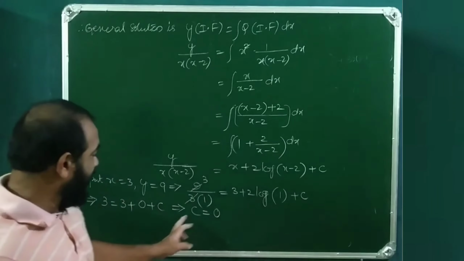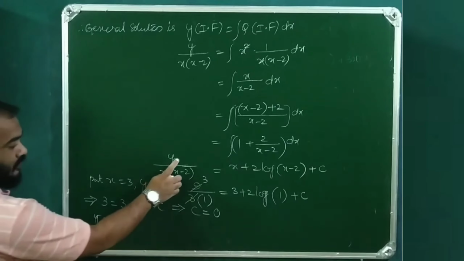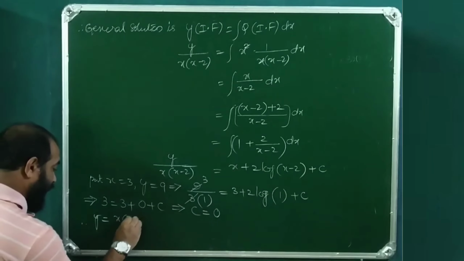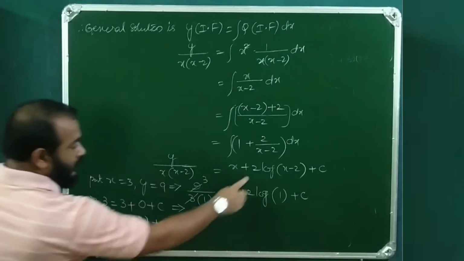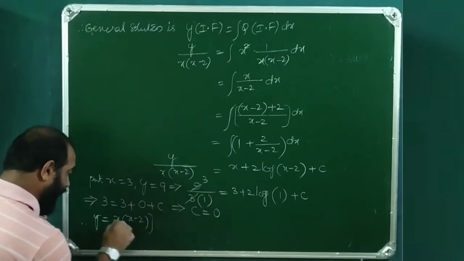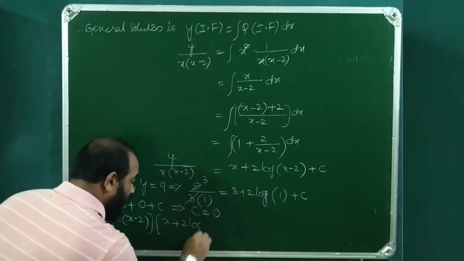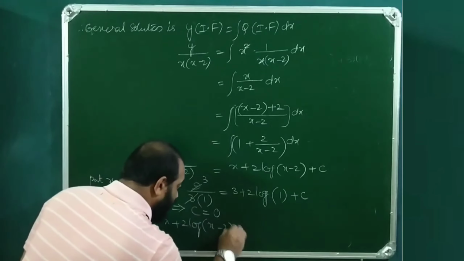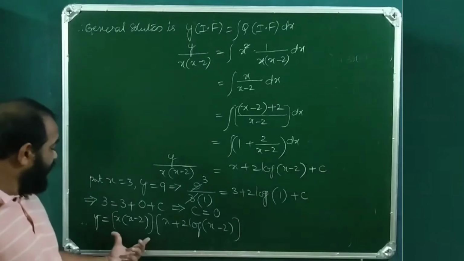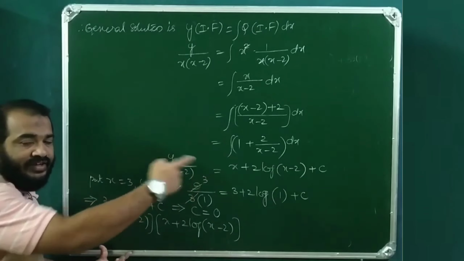So substitute back in this equation, then we'll get y is equal to x into x minus 2, if you transpose onto the other side, x into x minus 2 into x plus 2 log of x minus 2. Here c is anyway 0 as we got. Therefore this itself is the required particular solution at the values given.